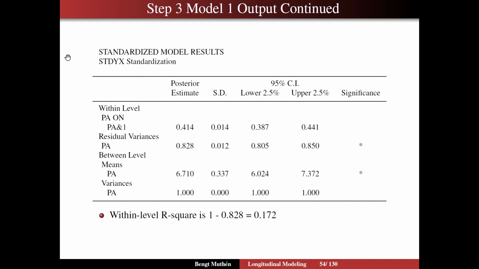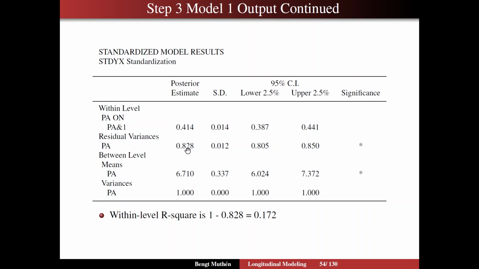You also get the standardized results here, STD/YX standardization on the within level and on the between level. So you see here that on the within level, the regression coefficient is the same, standardized and unstandardized, and that's because of the stationarity. It wouldn't be so otherwise.